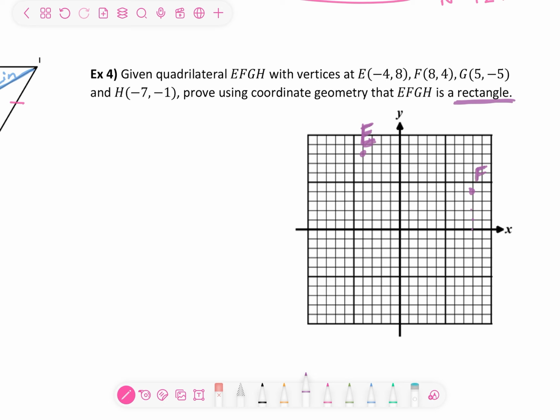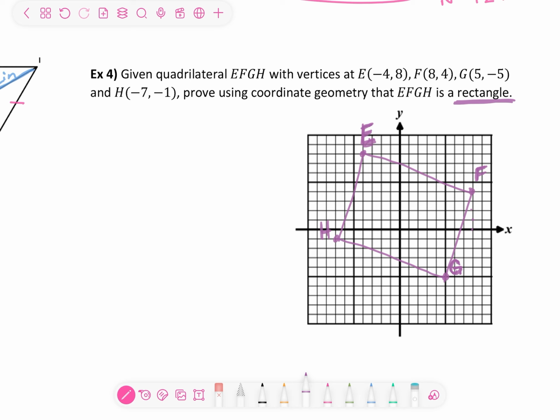And then G is at 5, negative 5. And then H is at negative 7, negative 1. Okay, and then I'm just going to draw in the sides of our rectangle, or what we're proving is a rectangle.